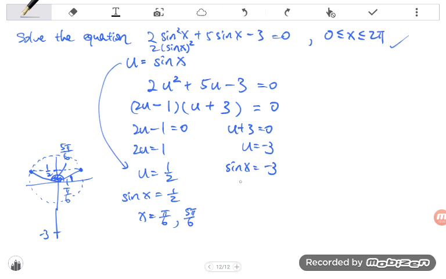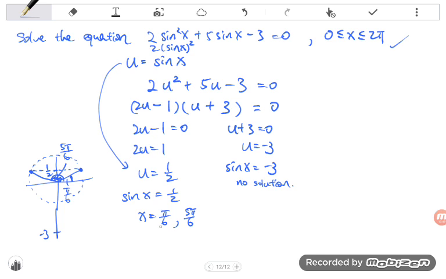So there's no solution here. So for sine x equals negative 3, there's no solution. So there's no way we can get any answer out of this. So we can just simply say no solution. Okay, no solution for this.